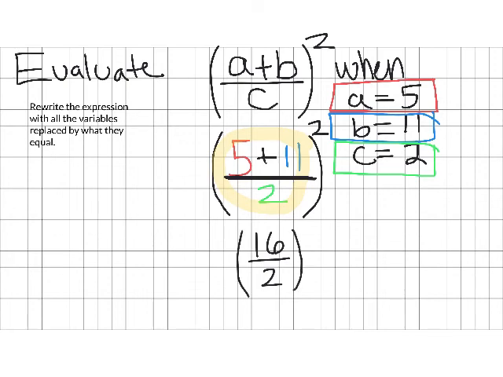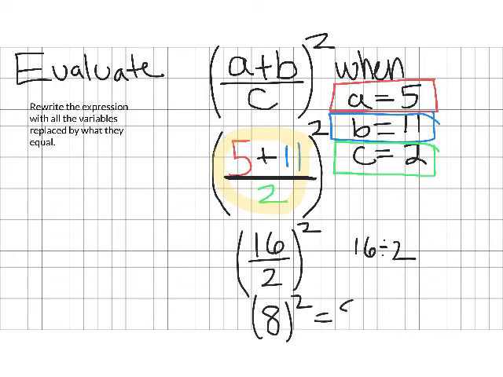Okay, and then like always, I'm going to just rewrite it. And now I have 16 over 2. So 16 halves is 8, or 16 divided by 2. That gives me 8. It's still squared, although I probably don't need the parentheses at this point, but they don't hurt anything.